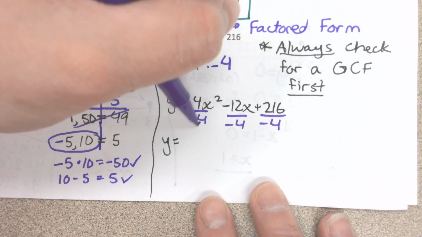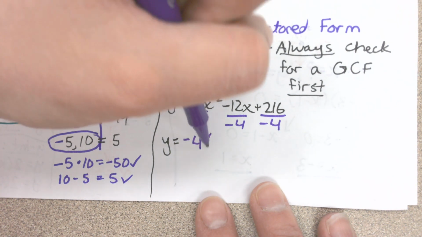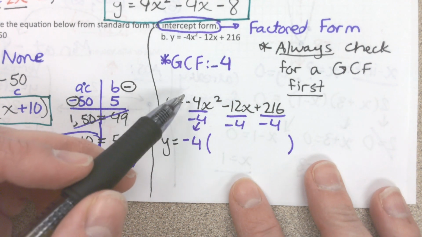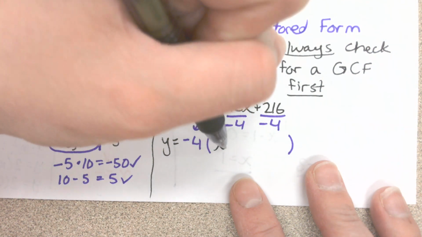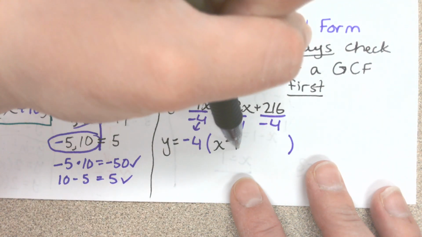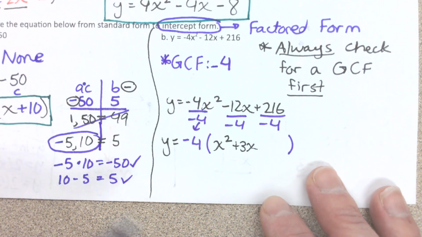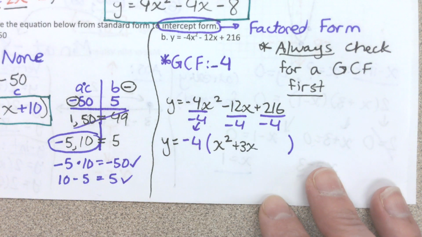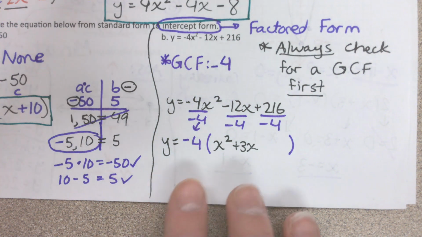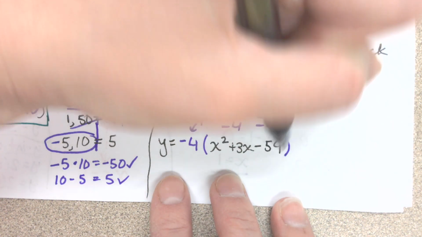The negative 4 comes out. And in those parentheses, we're going to put what's left over. Let's divide. Negative 4's cancel. We have x squared. Negative 12 divided by negative 4, that's positive 3x. 216 divided by negative 4, that's negative 54.